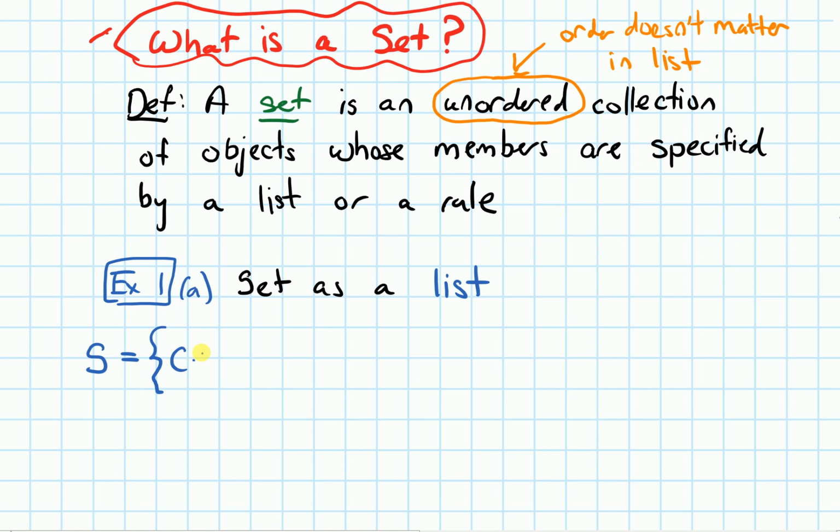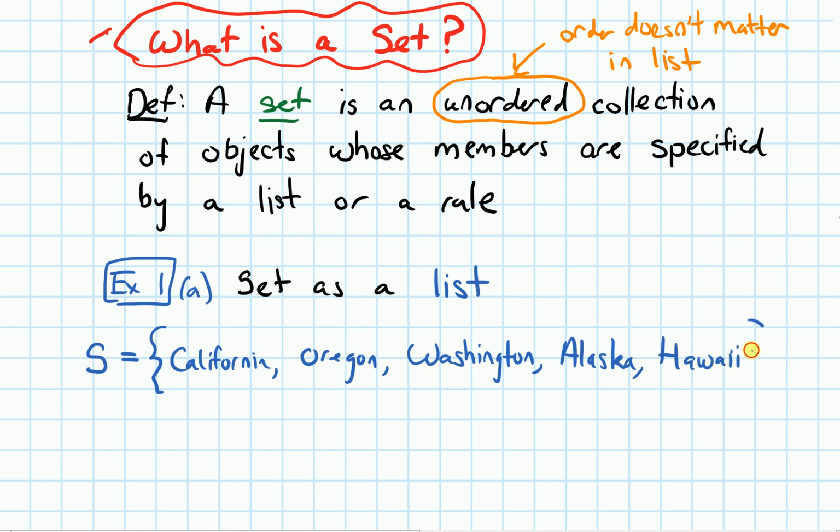I'm going to put California, Oregon, Washington, Alaska, and Hawaii. And then I'll close that curly bracket. Okay, and this is a set right here.